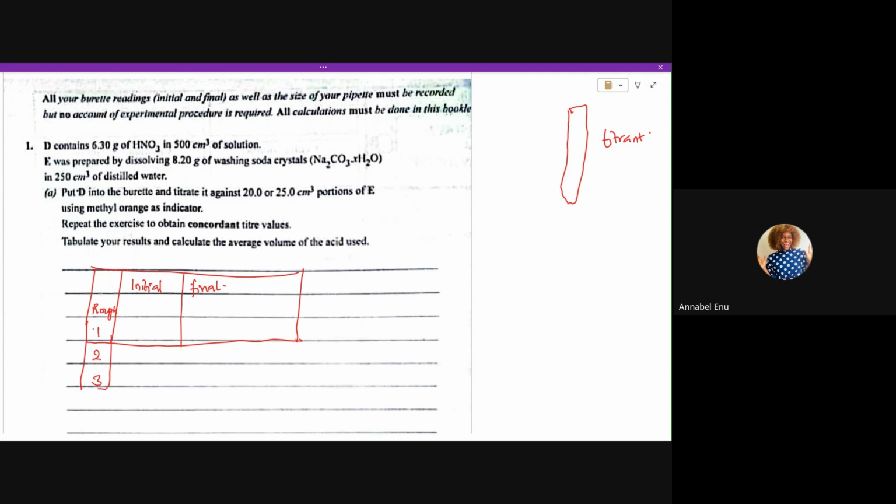So when we have something like this, we can say, for example, after carrying out our first experiment process, we got our reading from our burette to be 21. Okay. And then our final reading is 21.